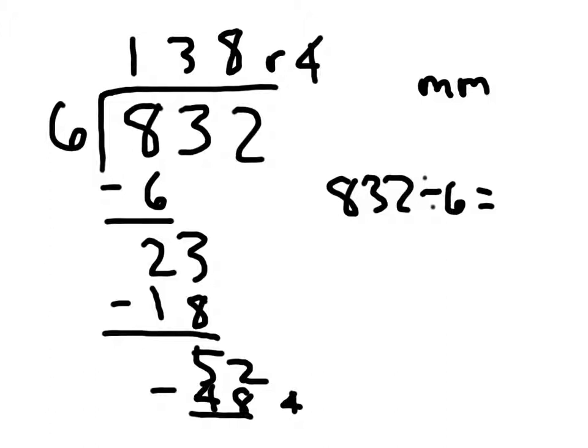Would it have been easier to say, okay, that's 800 divided by 6? Would it have been easier to break apart a number to solve it? So you might say 600 divided by 6, and then you'd be left with 232. Oh, I do see 30 divided by 6 in there. And then at that point, you'd be left with 202.